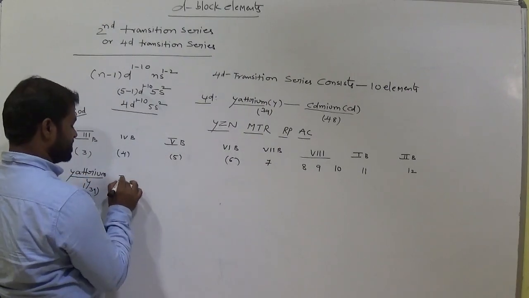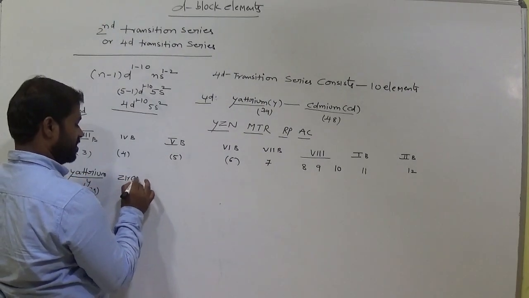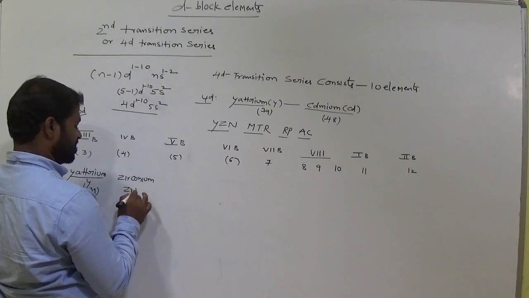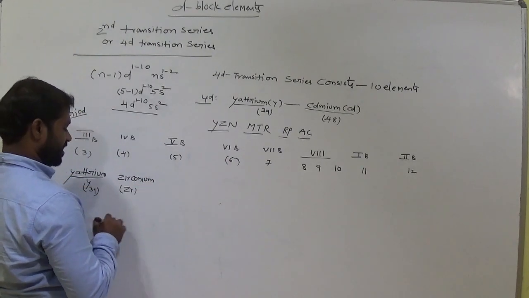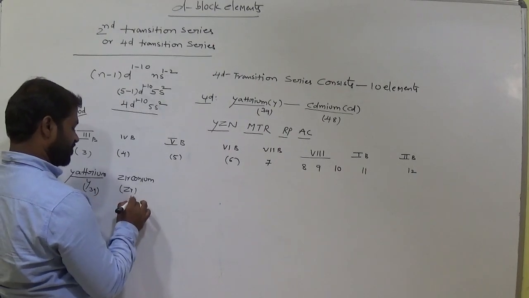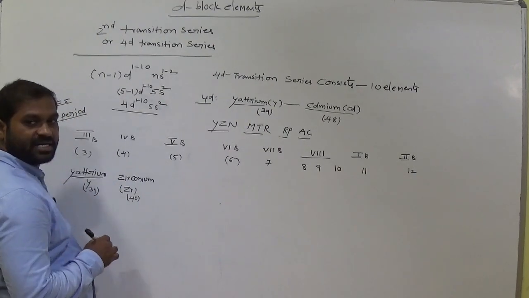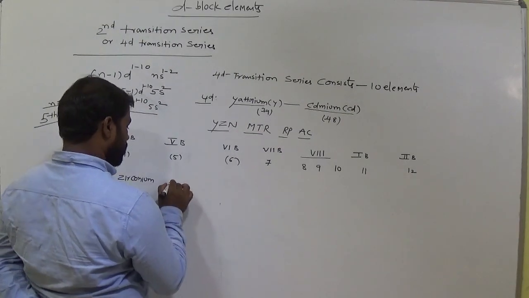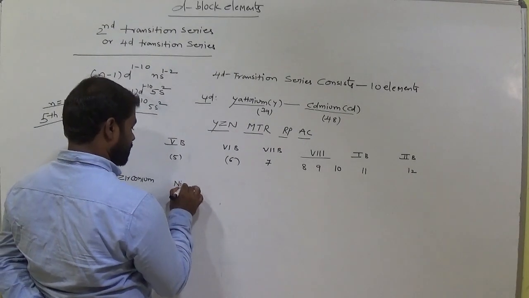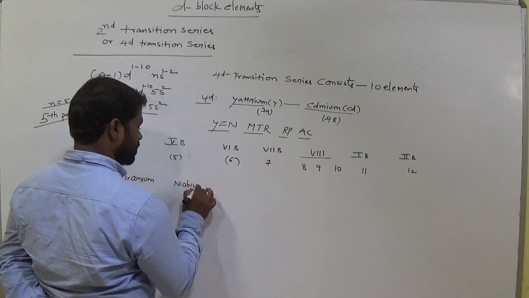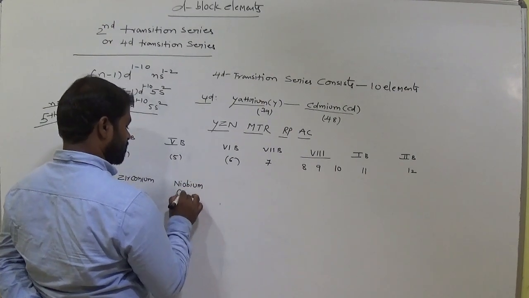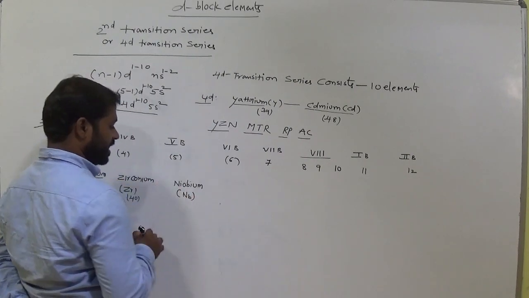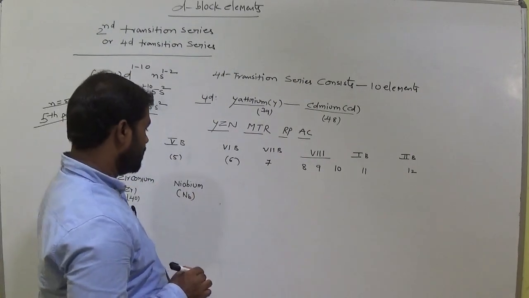Z means zirconium. The symbol is Zr, atomic number 40. And what about N? Niobium, Nb.